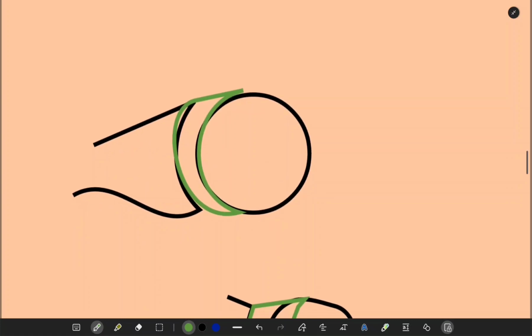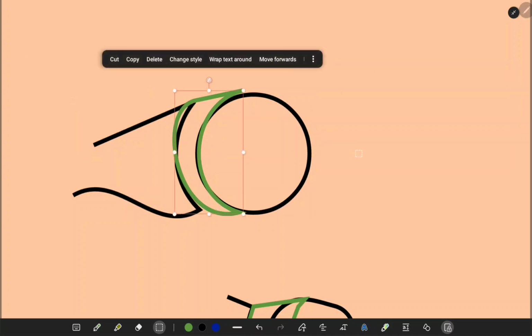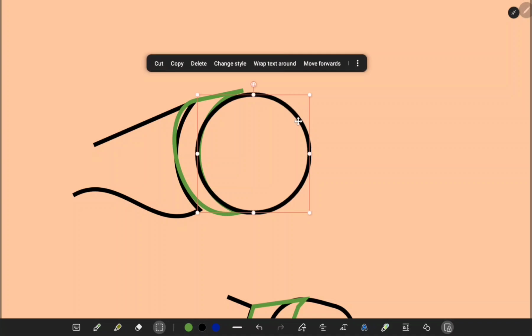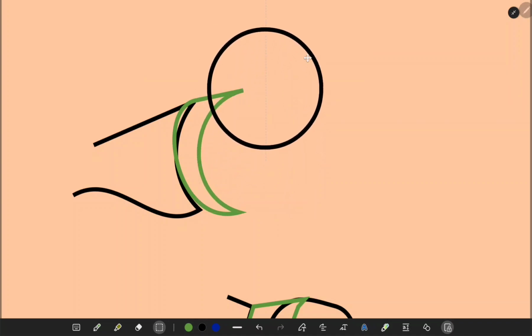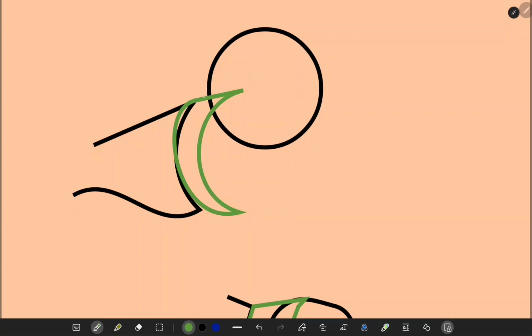So suppose this is the shoulder joint, this is the head of the humerus, this is the glenoid, and this is the labrum. When the shoulder joint dislocates anteriorly, you can see that it tears off a part of the anterior portion of the glenoid labrum.